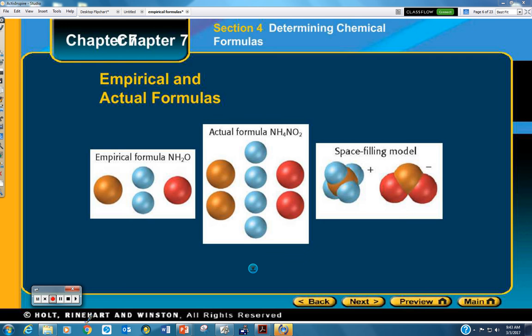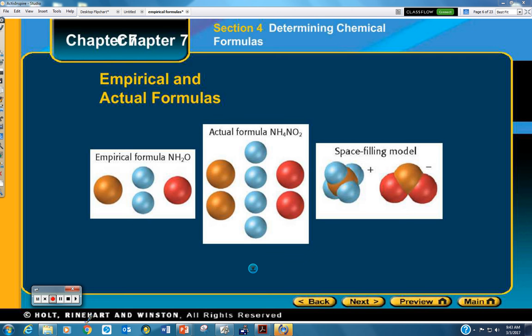We have 2 nitrogens, so it's technically N2H4O2 if we wrote it standard, and then if we divided everything by 2, we end up with that one. So empirical is the simplest form. Molecular is what's actually there in one molecule.